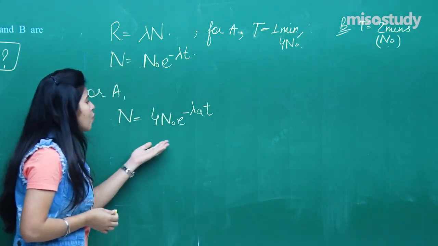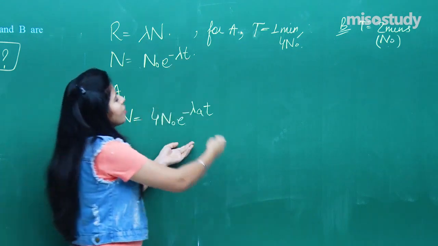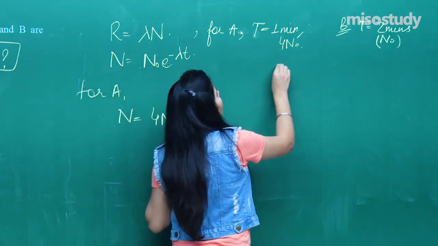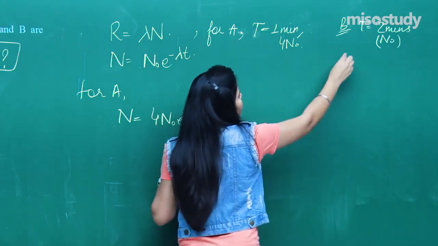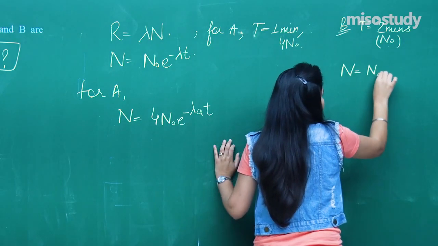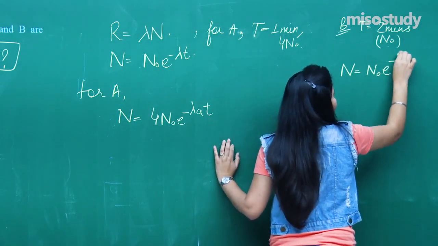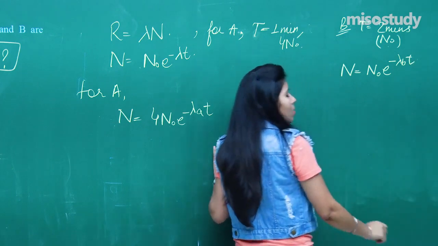Now we have 4 N0 e raised to the power minus lambda A t. If I just consider the case of B, this was for A and this is for B. So that would be N equals N0 e raised to the power minus lambda B into t. Alright.